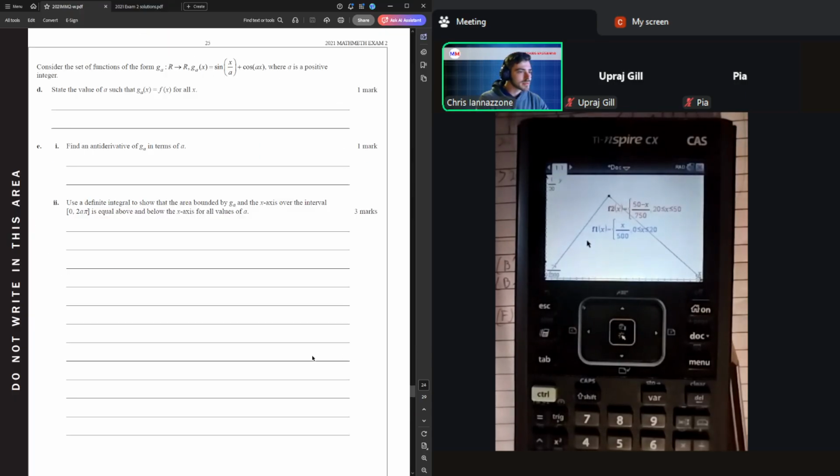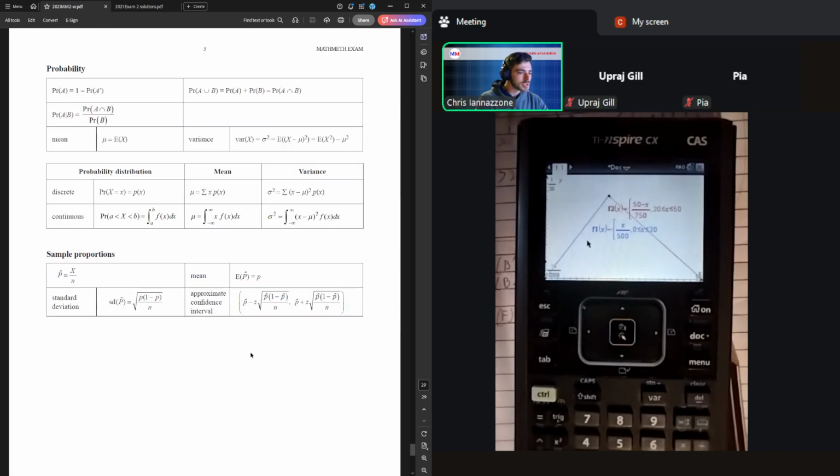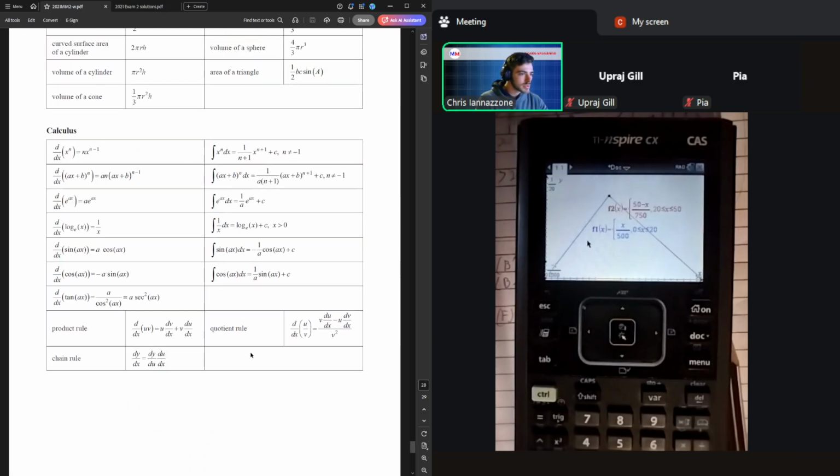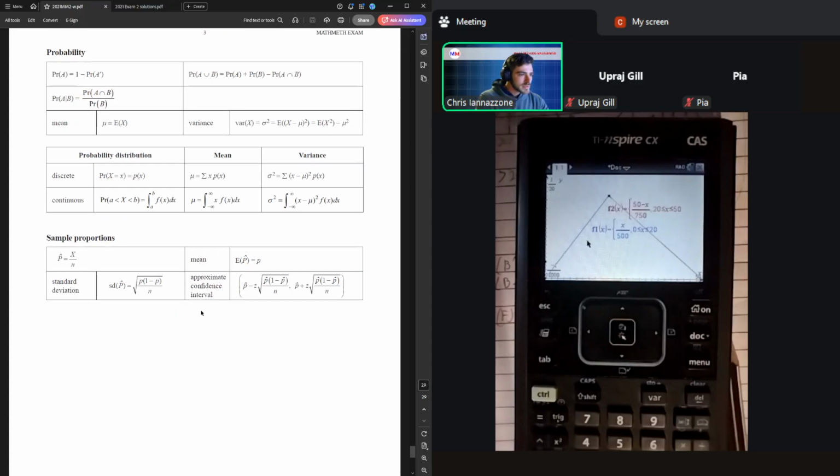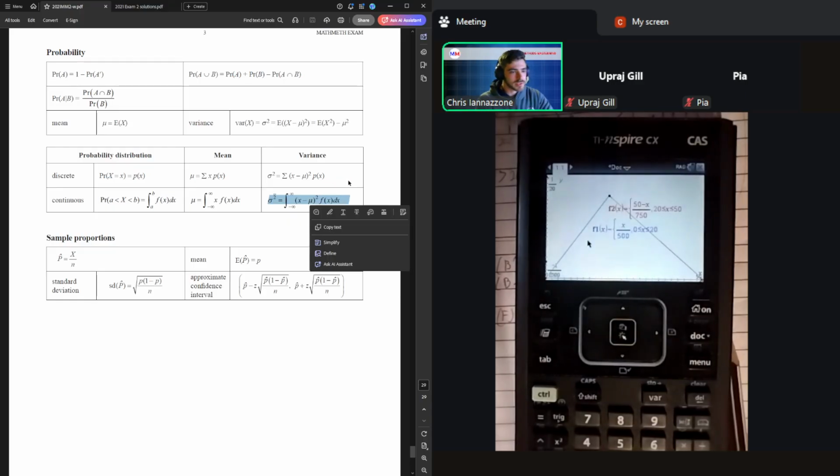In fact, I'll just jump in. Let me see on the formula sheet what it actually gives you for it. Standard deviation continuous. Yeah, okay. Don't use this one. Use this one. Because if you try to do the integral of x minus the mean, it's going to be a lot to work with, considering you have to split it across two separate functions.